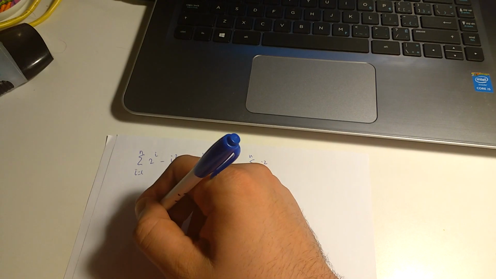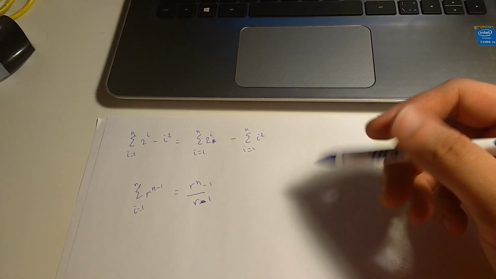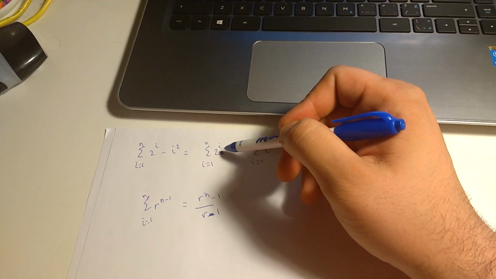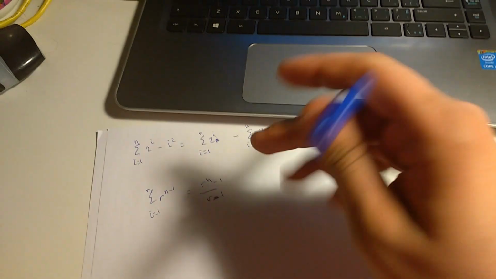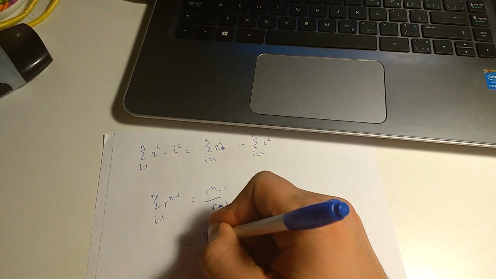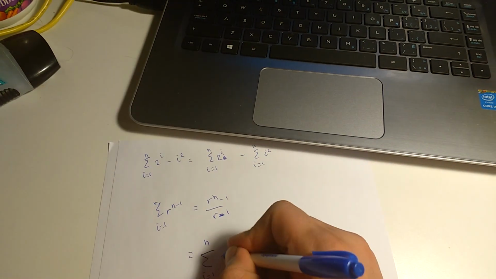If you're taking the sum right here, this is the property. However, it's kind of difficult to see how it applies here. There's a trick to it, and I'll show you right now.